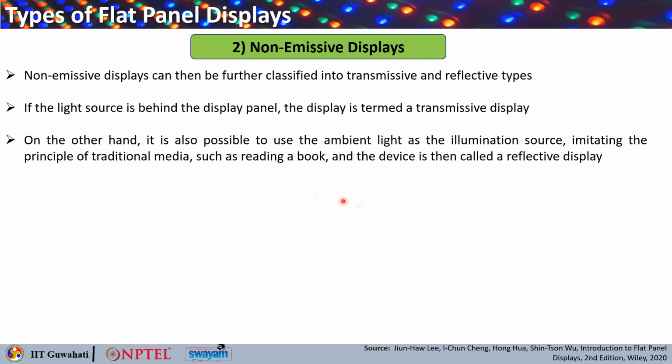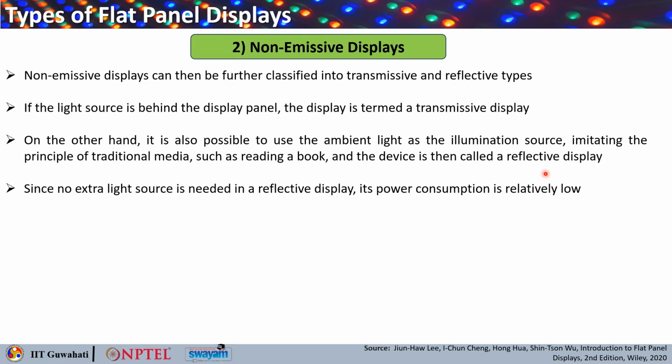On the other hand, it is also possible to use the ambient light as the illumination source. That basically imitates the principle of traditional media, such as reading a book. When you read a book, you need an external light source, because the light is reflected from the book and gets into your eyes.